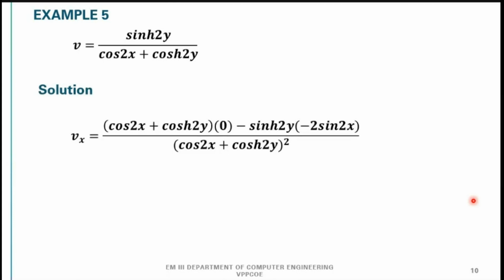what is the Vx function differentiating cos 2x plus cos h 2y into the derivative of sin h 2y?